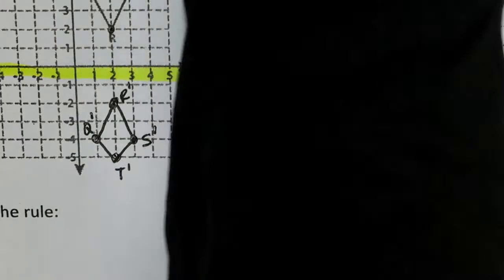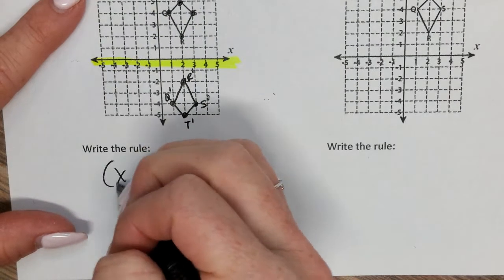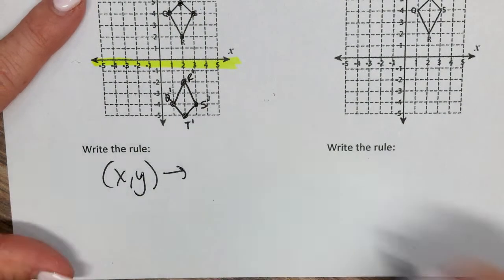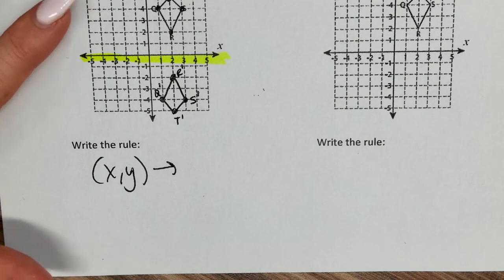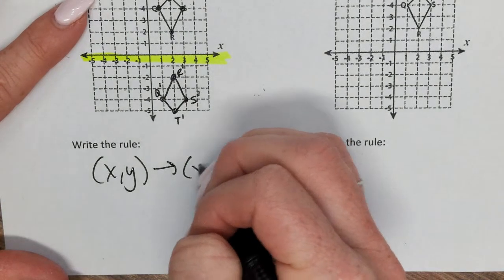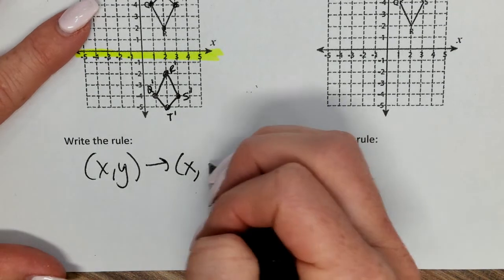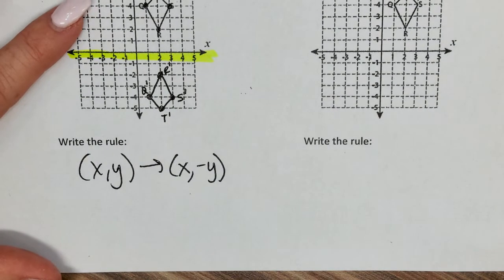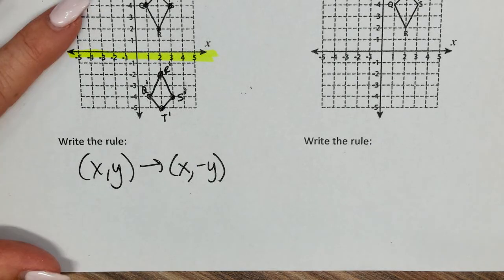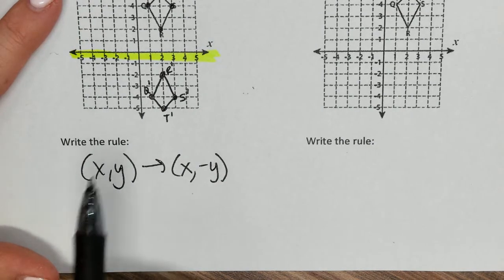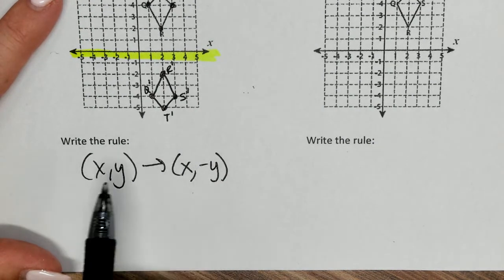So you say, take your x and y. When you reflect across the x-axis, the x stays the same, and what happens to the y? It becomes opposite. That's it. I'm going to say it again. When you reflect across the x-axis, the x stays the same.